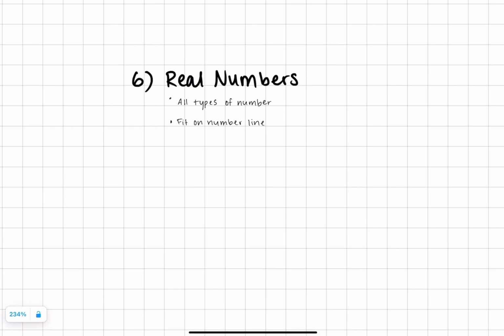Great, so let's look at an example. So pi, 3, 1 over 2, 3.759, and 4.61333. So these are all numbers that fit on the number line, and they're all types of numbers.